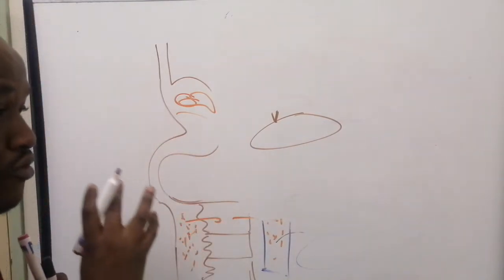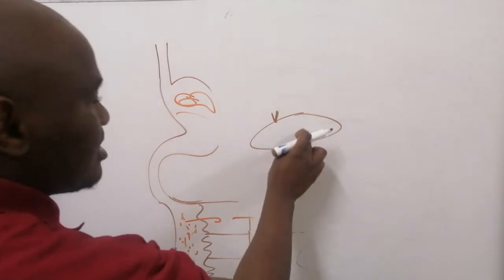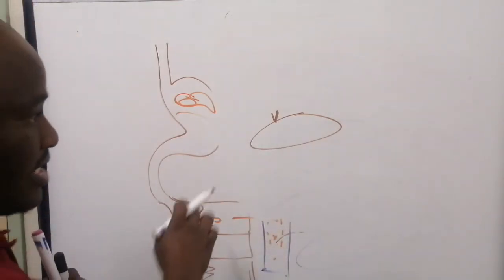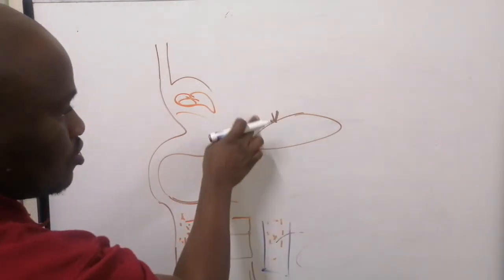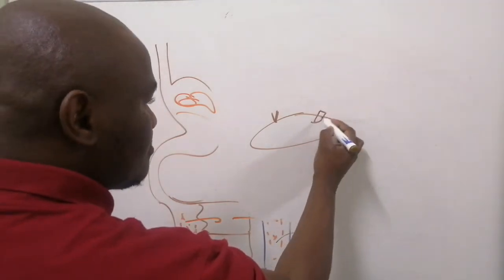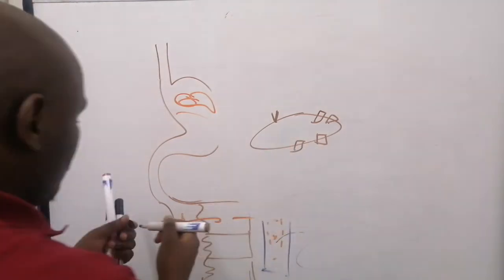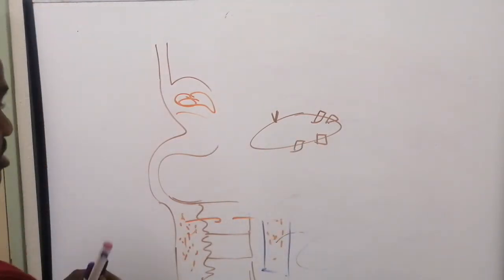And the type of glucose transporter that is found there is a GLUT4. So that GLUT4 stays inside the cell, and when insulin binds to the receptor, that GLUT4 becomes expressed, right? So this is how it happens.